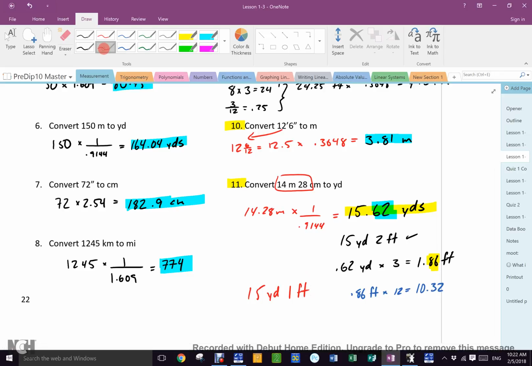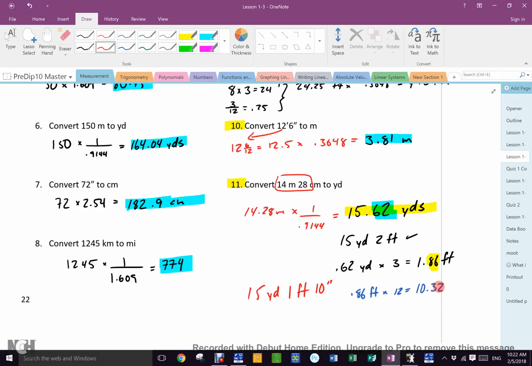So what would go here at the end of my 1 foot? 10 inches. Right? And then the 0.32 is technically 32 over 100, right? 16 over 50, 8 over 25, 8/25, which is about 1/3 of an inch, which we wouldn't bother with.